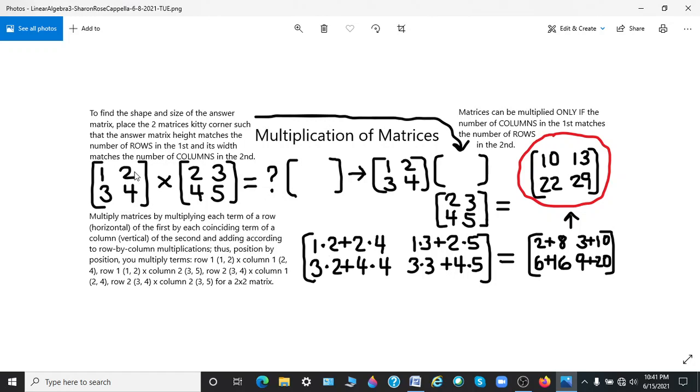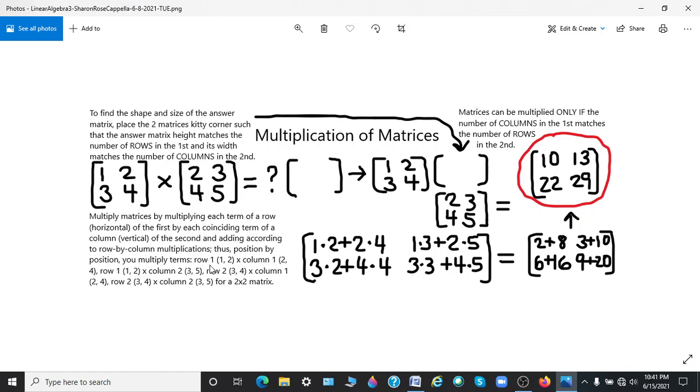You move to the second item in this row of the first one. 2 times, now what? It's times 4. Because as you're moving across the rows of the first one, you move down the corresponding column of the second one. That's how you do matrix multiplication.